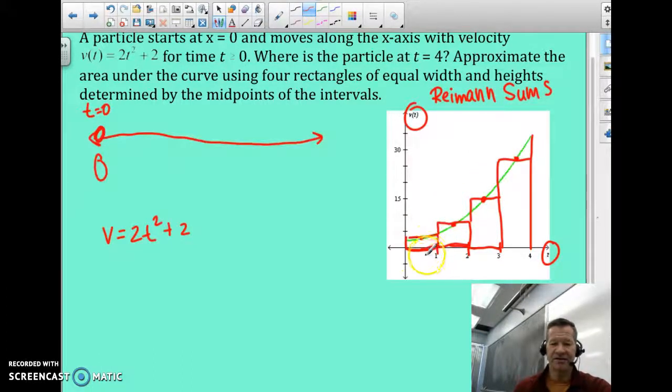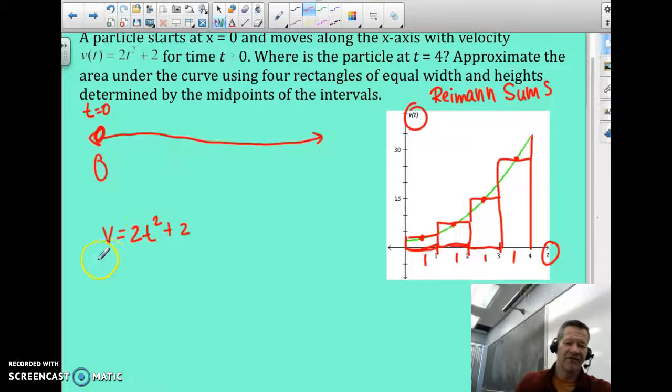Each one of these rectangles has a base of 1, but they all have different heights. What was the height of this rectangle? Well, we went up from 1/2 to the curve, so I have to stick 1/2 into the function to find out how high it was.